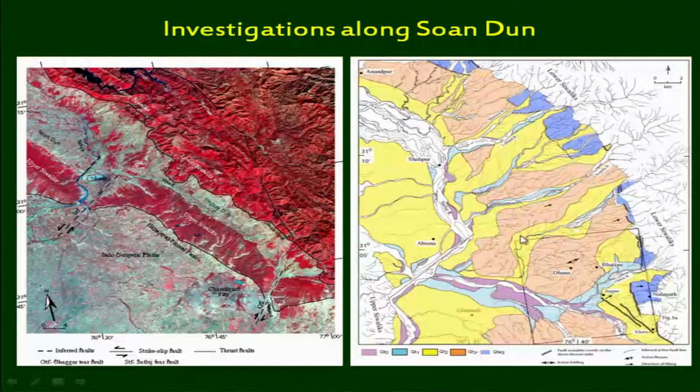We have the fault line which runs through here, which we later identified, and the deformation of the landform is well reflected by the drainage pattern here, as well as the change in the channel pattern over here. The drainage pattern shows radial drainage, and we have already seen the warp here.